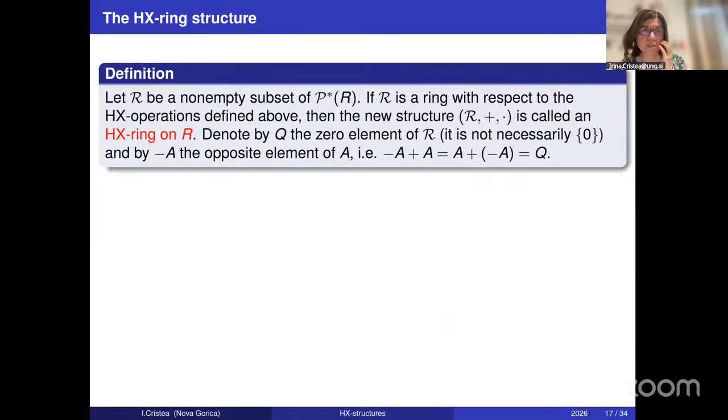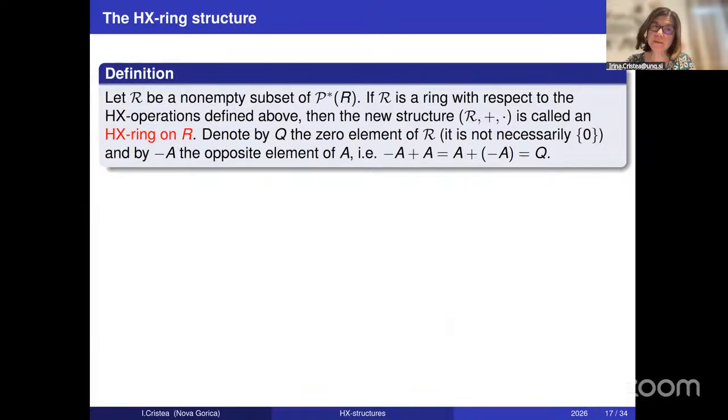This was the first part regarding HX groups. These structures were studied more, also recently, so 10 years ago, but also nowadays there are several publications on HX groups.